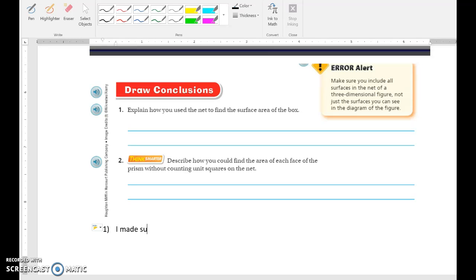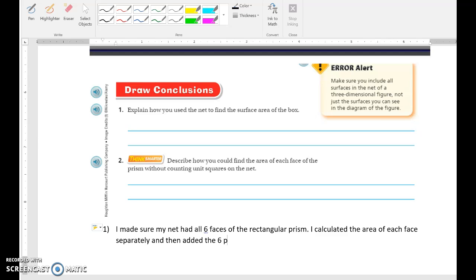I made sure my net had all 6 faces of the rectangular prism. I calculated the area of each face separately and then added the 6 pieces together to get the surface area.